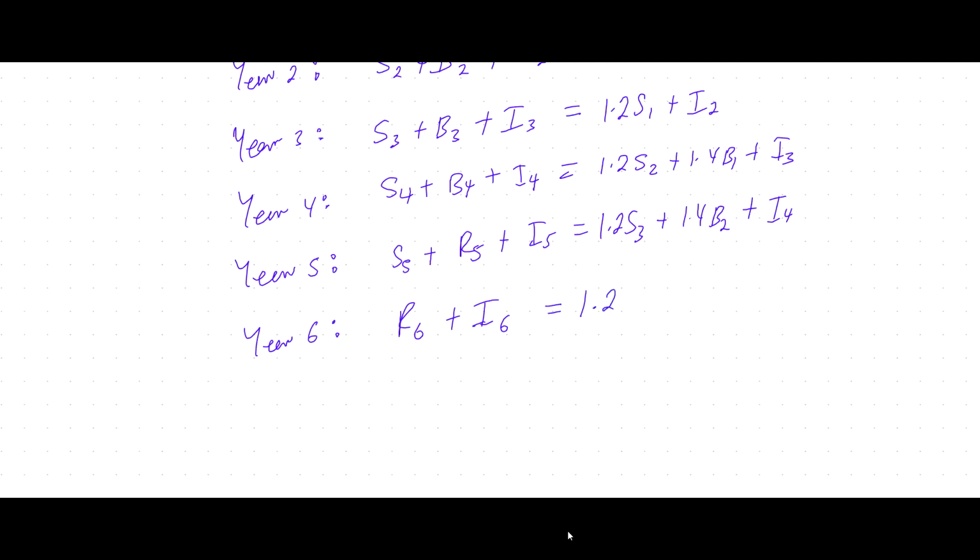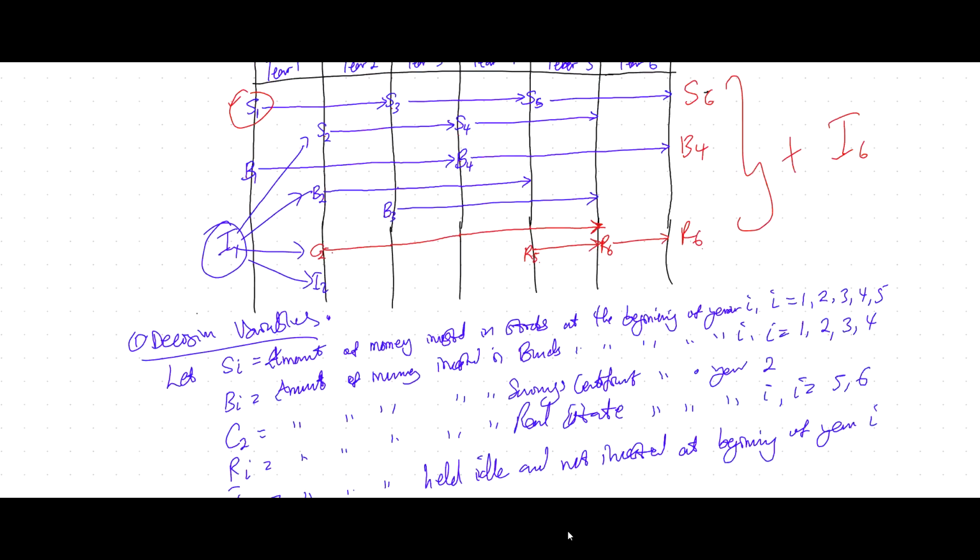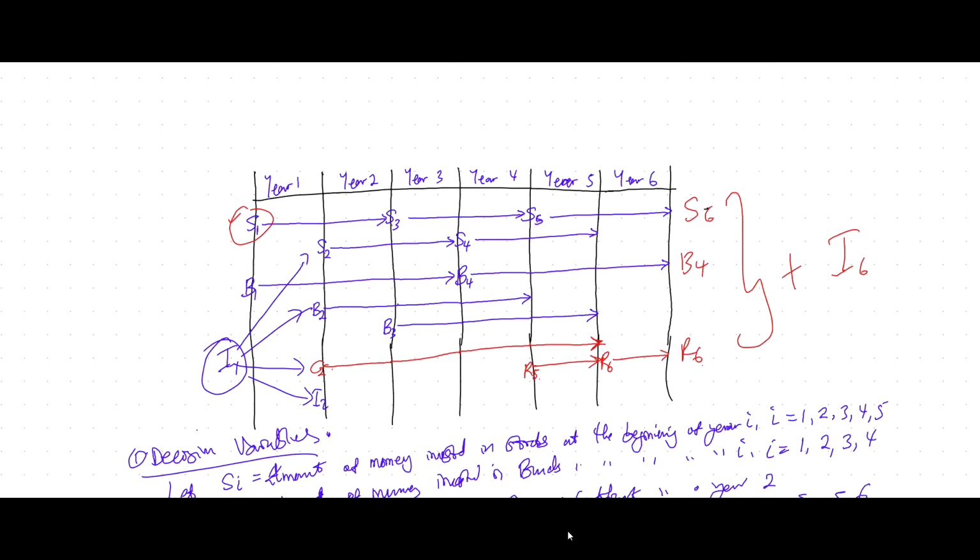1.2 S4 plus 1.1 R5 will be available, plus 1.8 C2 plus 1.4 B3 plus I5, right? So you see we have S4 coming in at this point.